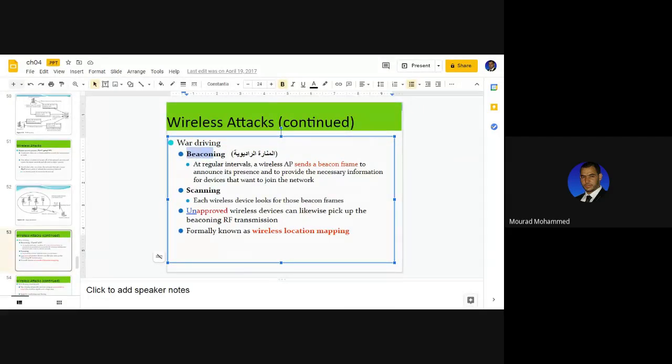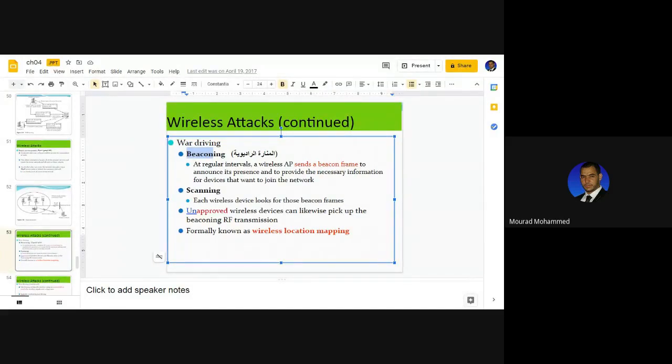Beacon in the sense of distributing frames saying, hey, I'm alive. Hey, I'm alive. It keeps sending again and again and again, at time intervals.